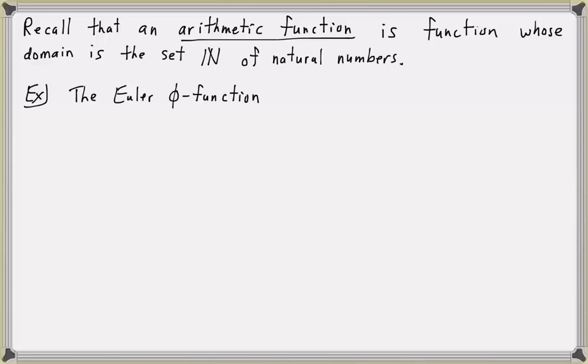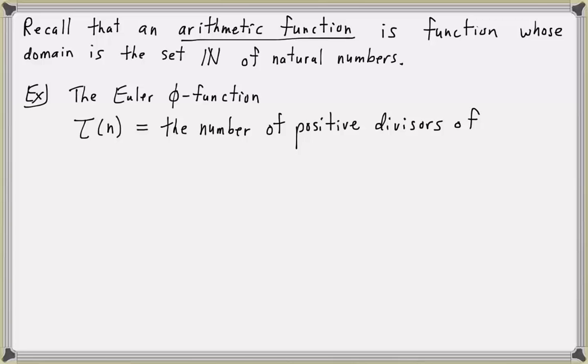The two functions that we're going to study in this lesson more extensively are tau of n, which is equal to the number of positive divisors of n, and the other arithmetic function is sigma of n, which is the sum of these divisors.